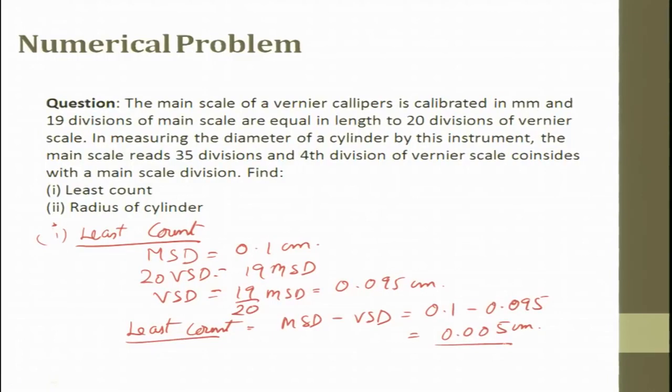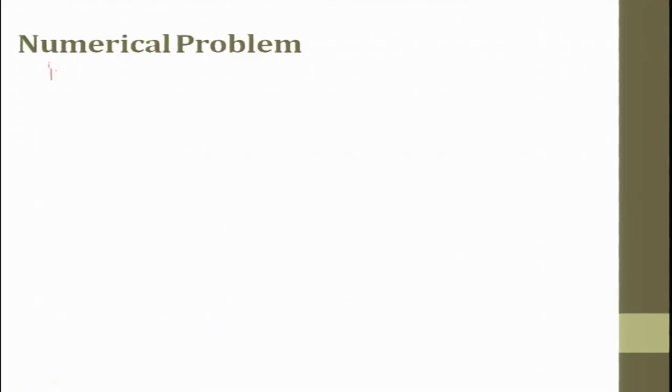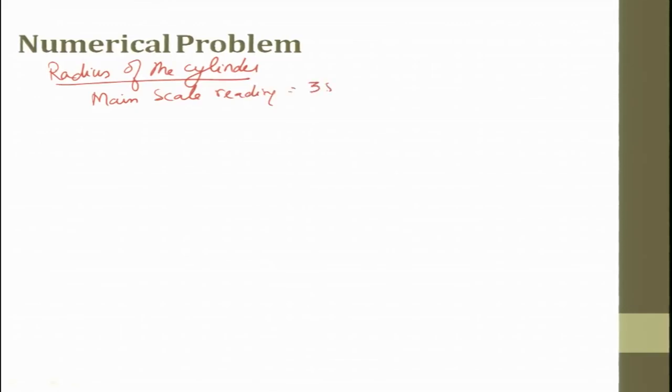So, now let us try to find out the radius of the cylinder. Here the main scale reading is equal to 35 millimeter, which is nothing but 3.5 centimeter, because I am trying to make it a uniform standard.